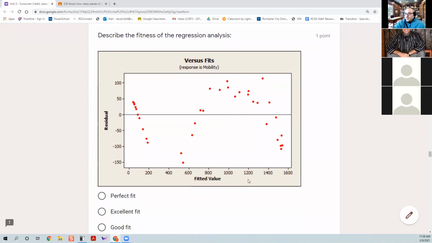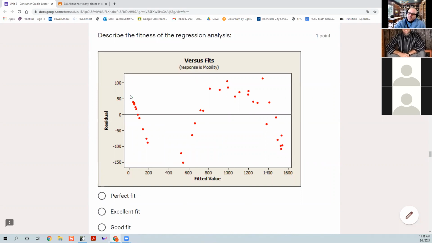What about this one? The line, just so you know, is this black line right here. You only got 1 dot on the line. Exactly. This is a bad fit, right? That linear function is not a good fit for this data.